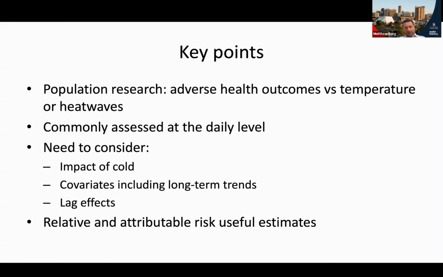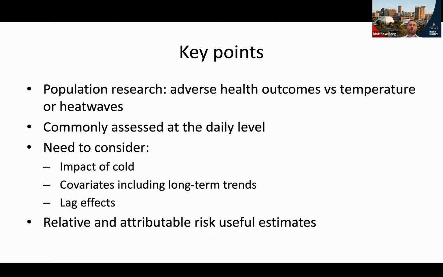To summarize a few points, focusing on population research: a common research topic is investigating adverse health outcomes versus temperatures or heat waves. This is commonly assessed at the daily level due to data availability. It's important to model statistical considerations such as the impact of covariates, particularly long-term trends and day of the week.